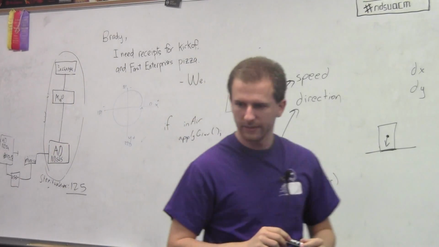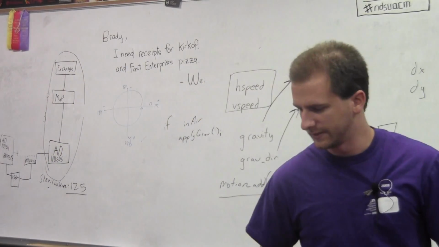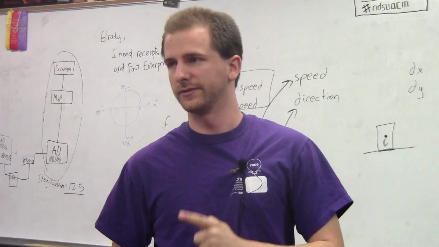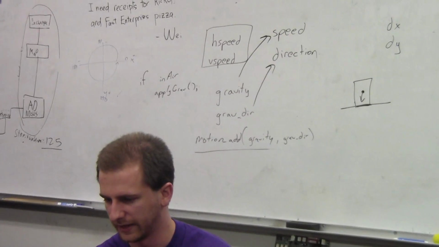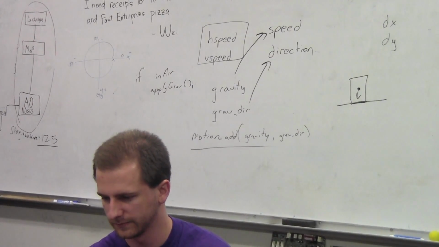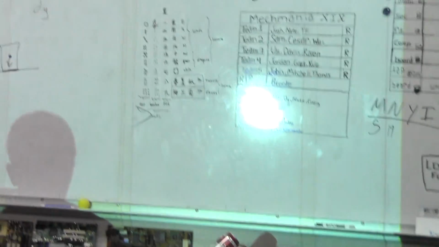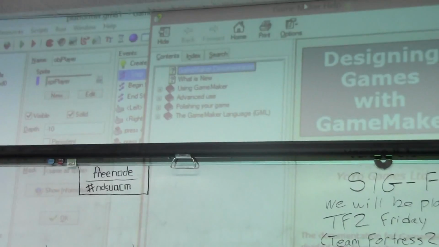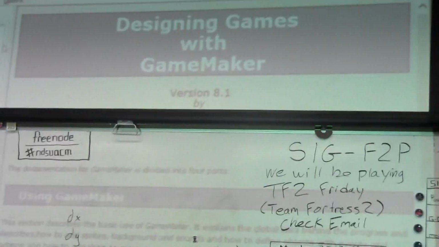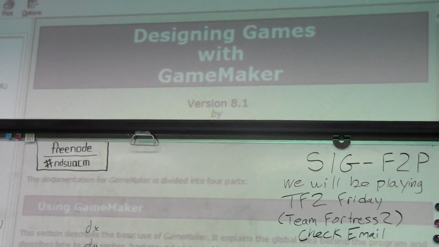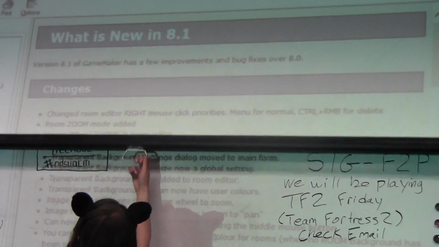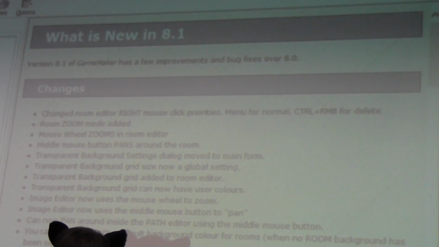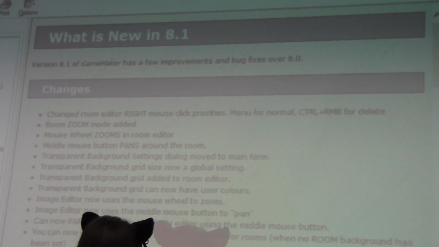That's probably one thing I should point out, is that GameMaker has a really, really good help system, a really good manual. So if you go to the help contents, it's got an entire CHM, I think is what it's called, of pretty much everything in GameMaker.